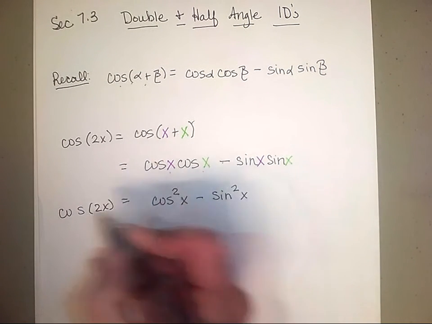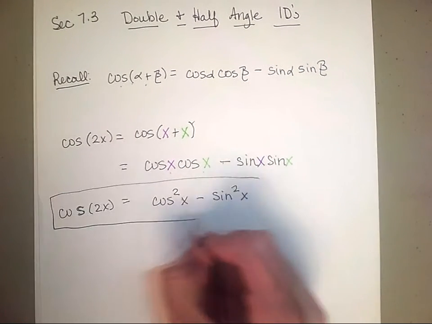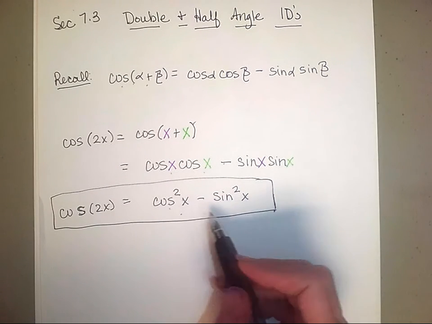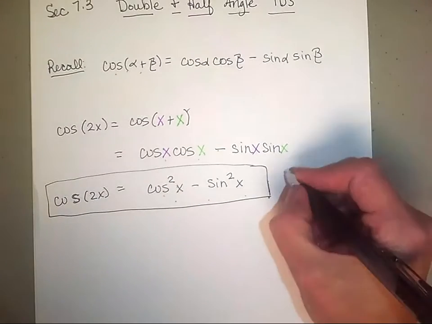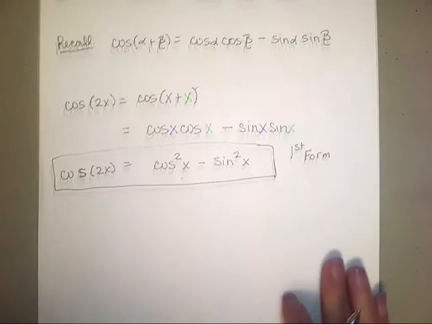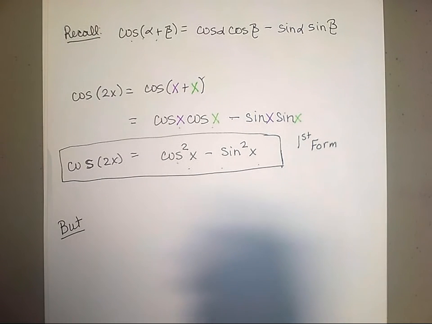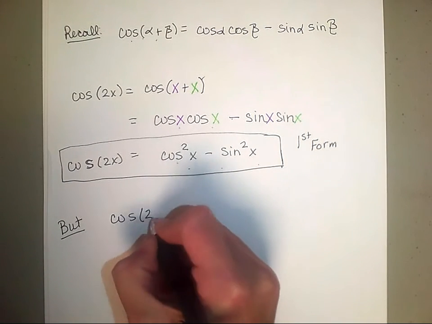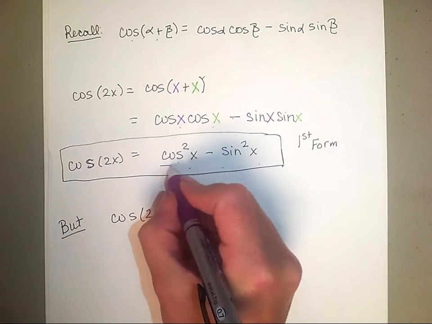So the cosine of the double angle can be written in terms of just the single angle now, cosine squared of x minus sine squared of x. This is our first form. Okay. We can use our Pythagorean identities. But okay, now what we could do is that we could change this cosine squared here.